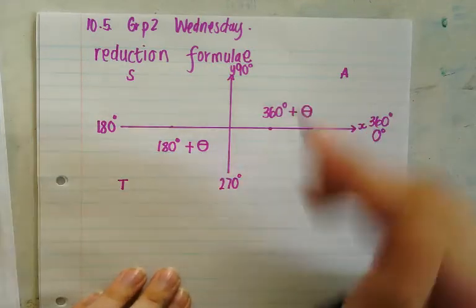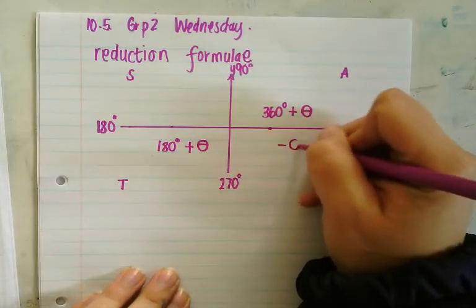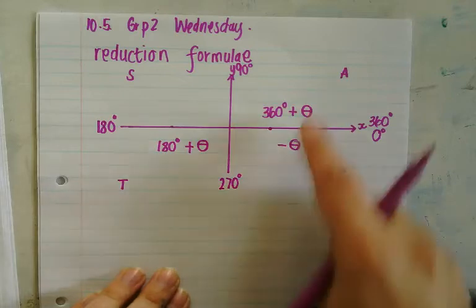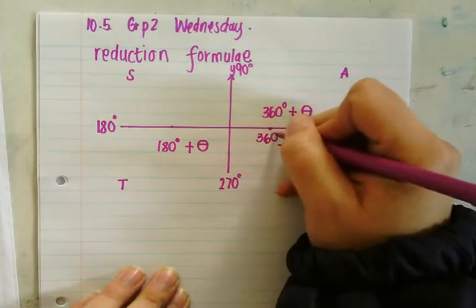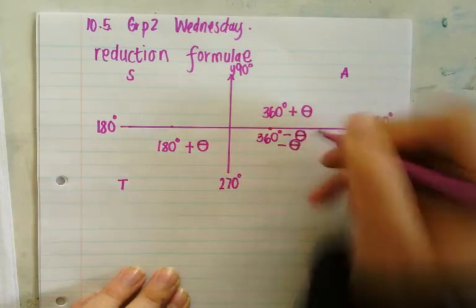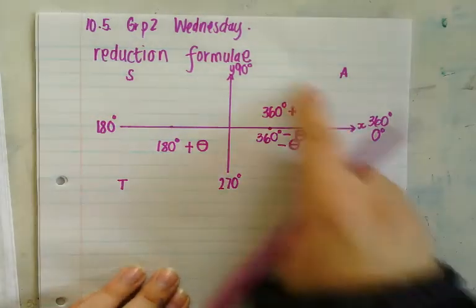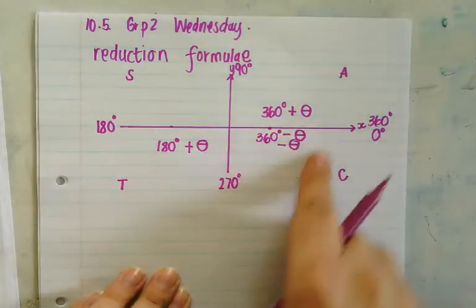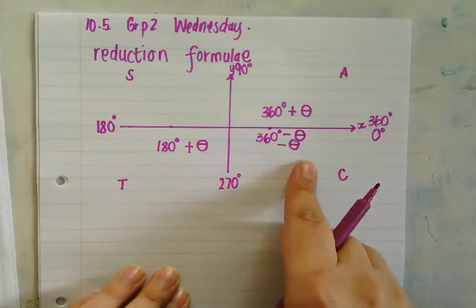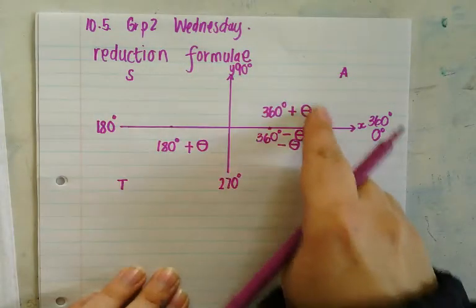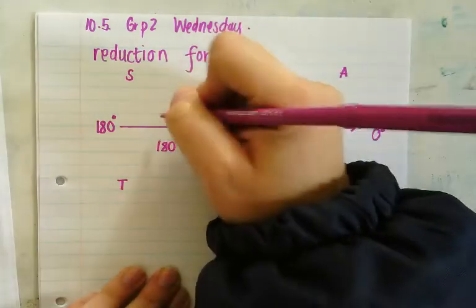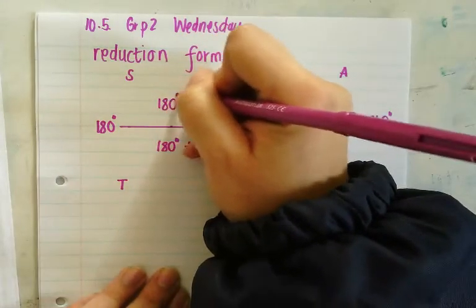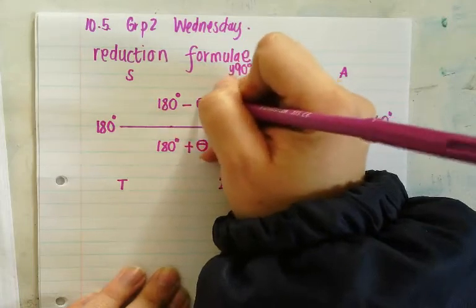But what I can do is go negative theta, which we've already dealt with, in the opposite direction, or I could technically have called it 360 minus theta. So I went all the way to 360 and I doubled back. Now this one, I go to 180 and I double back. So it'll be 180 degrees minus theta.